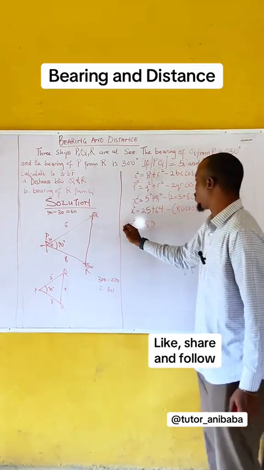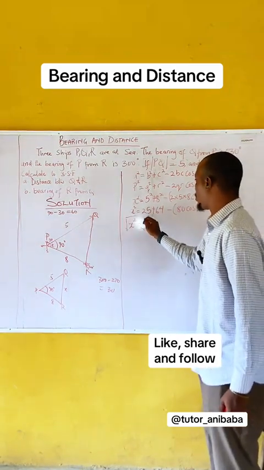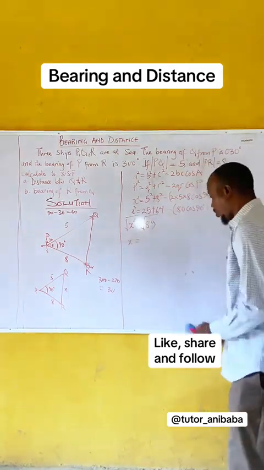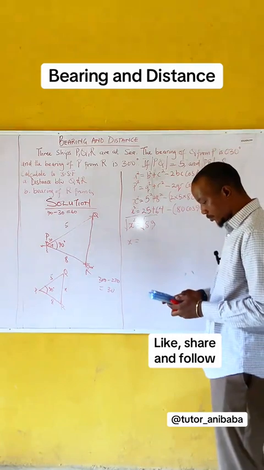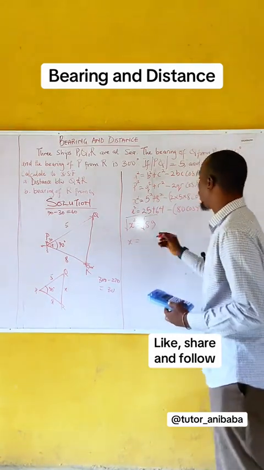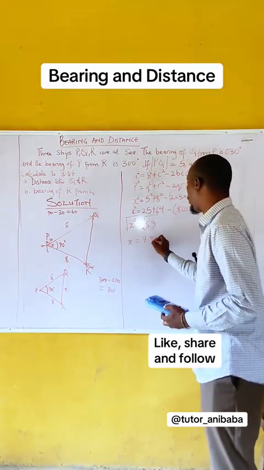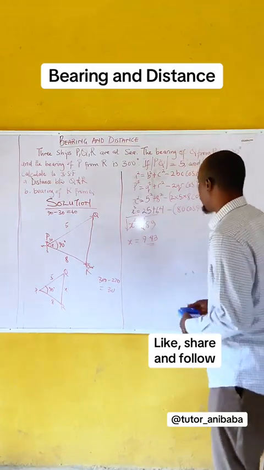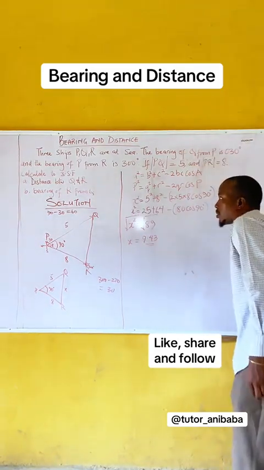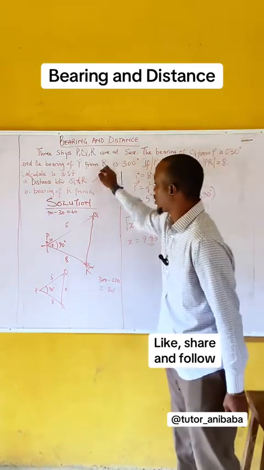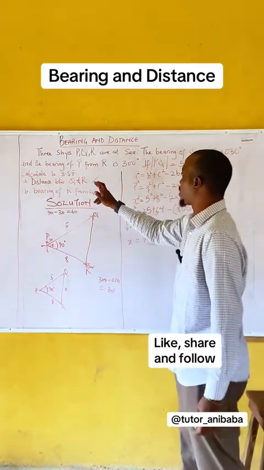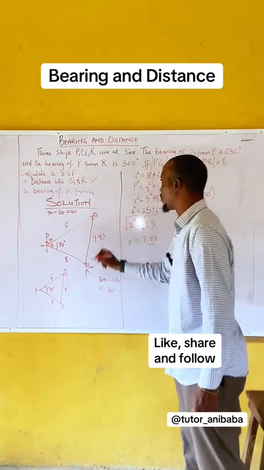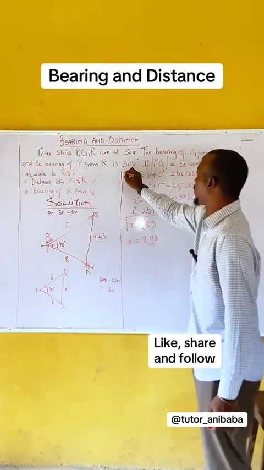Next we square root both sides, so X equals the square root of 89, which gives us 9.43. Remember they said we should put our answer into three significant figures. So that's our answer for the distance between Q and R: 9.43.